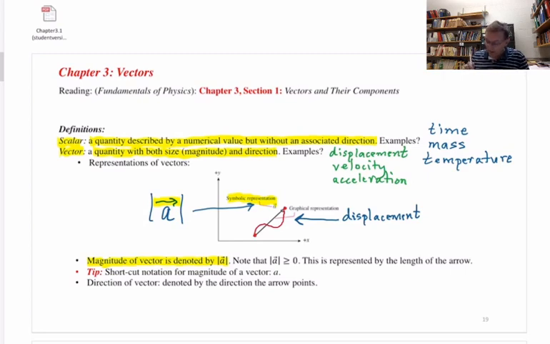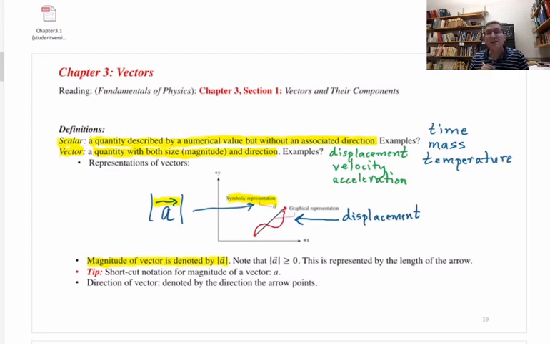And of course, in our graphical representation with the arrow, the magnitude part of the vector is just how long it is, just its length, without worrying about what direction it points in. Okay? So when we talk about a magnitude of a vector, we're talking about the length of its associated arrow.